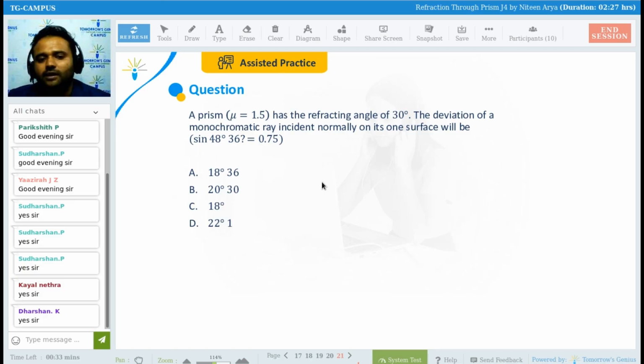Now this one is your question. A prism of refractive index mu has a refracting angle. The deviation of a monochromatic ray incident normally on one surface will be sine 48 degree 36 minutes. What does it mean? 48 degree 36 minutes.